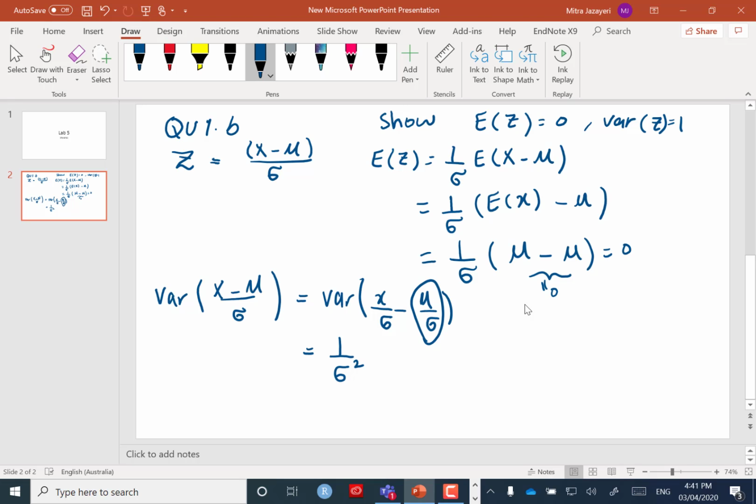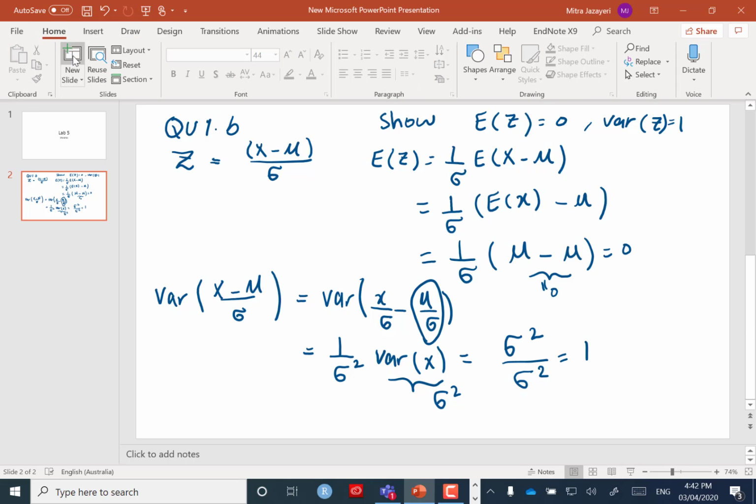So it becomes 1 over sigma squared variance of x, where variance of x is equal to sigma squared. So this becomes sigma squared over sigma squared, which is equal to 1. All right, so this is question 1b. So let's do question 1c.